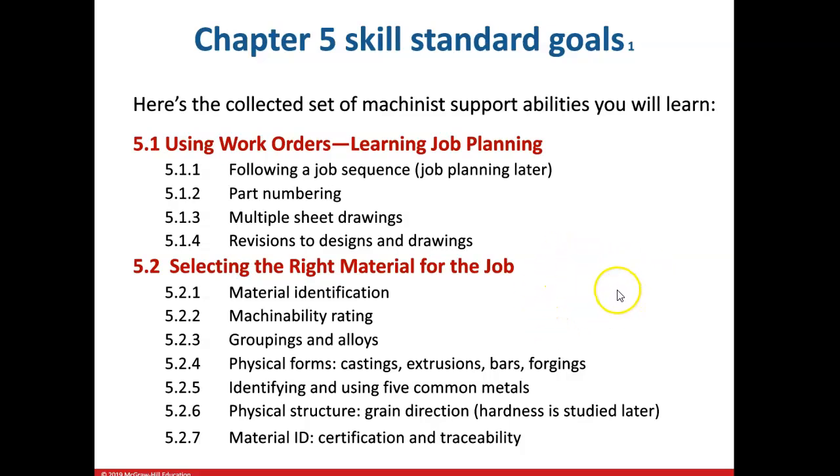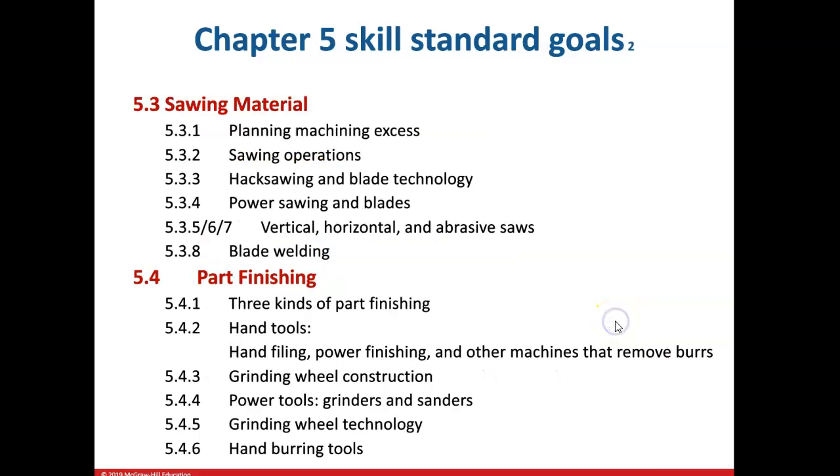Now, from there, this chapter goes into different types of materials. There'll be separate videos to help you learn the basics of material selection on the job. It goes into different types of sawing; we cover sawing and the different types of blades and uses of the saw in the cutting tools class.